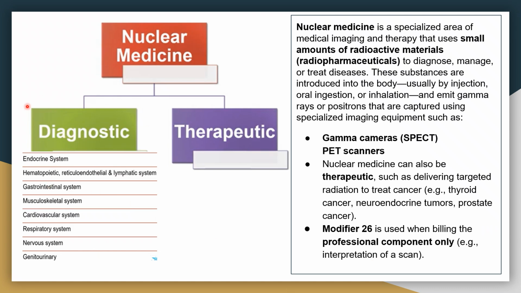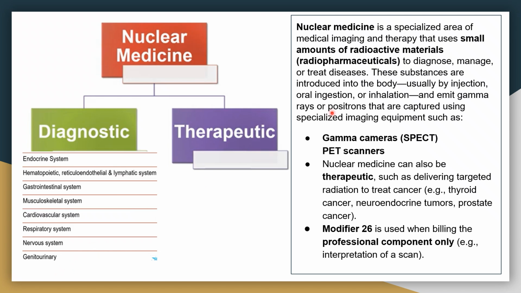And as far as diagnostic nuclear medicine is concerned, it is divided into endocrine, hemopoietic and lymphatic, gastrointestinal, musculoskeletal, cardiovascular, respiratory, nervous, and genitourinary.